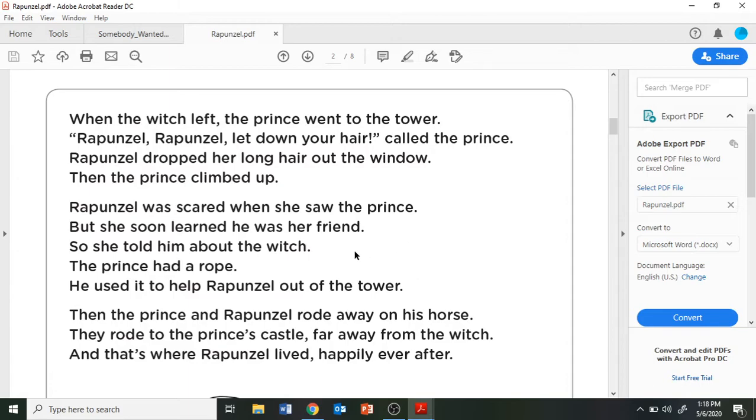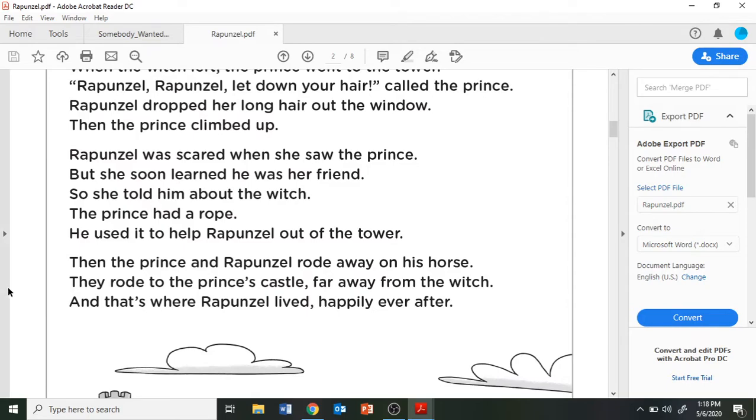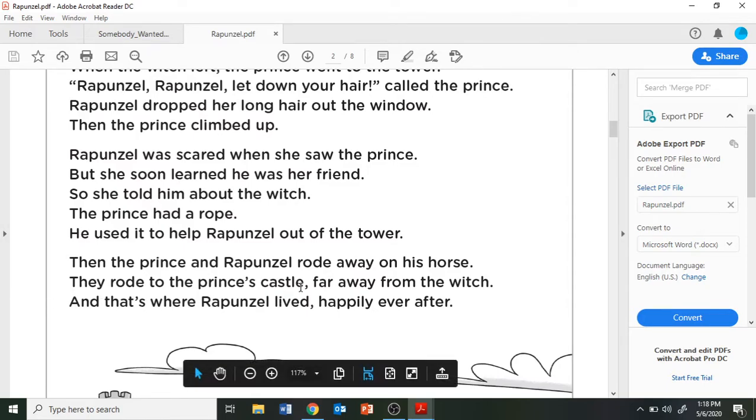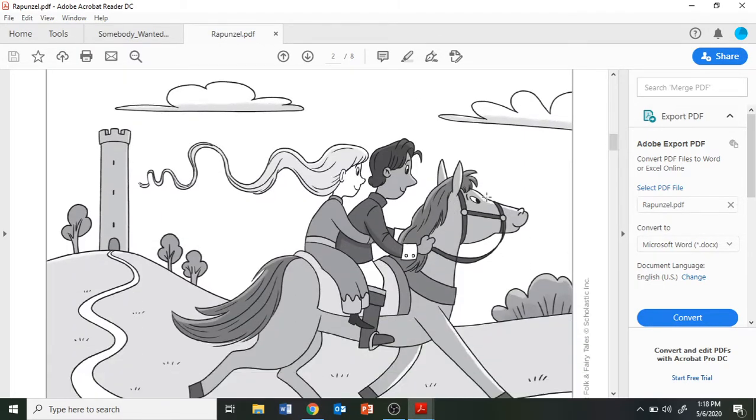So she told him about the witch. The prince had a rope. He used it to help Rapunzel out of the tower. Then the prince and Rapunzel rode away on his horse. They rode to the prince's castle far away from the witch. And that's where Rapunzel lived, happily ever after. Oh, forgot the picture.